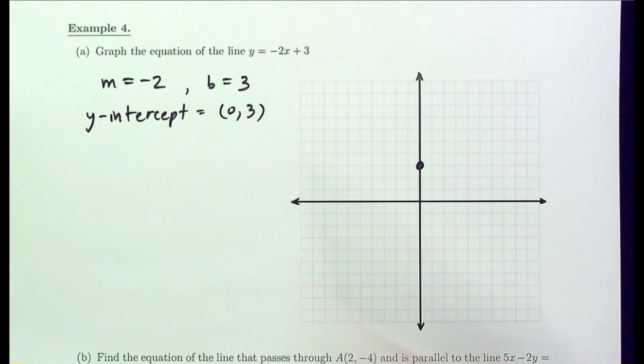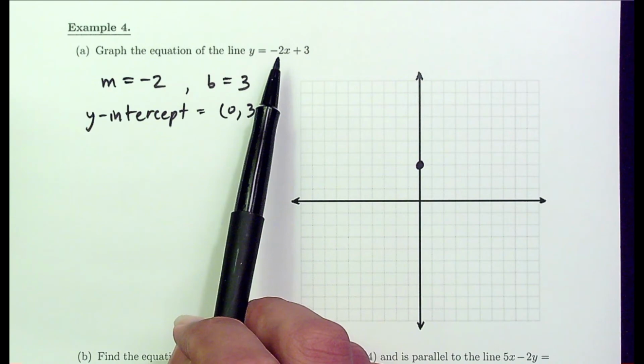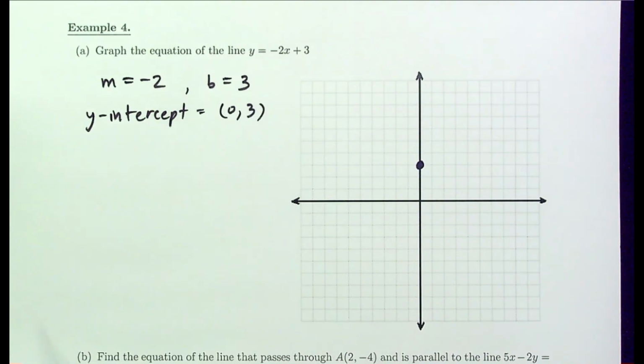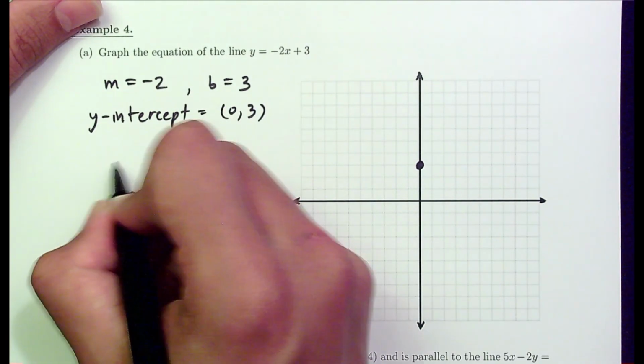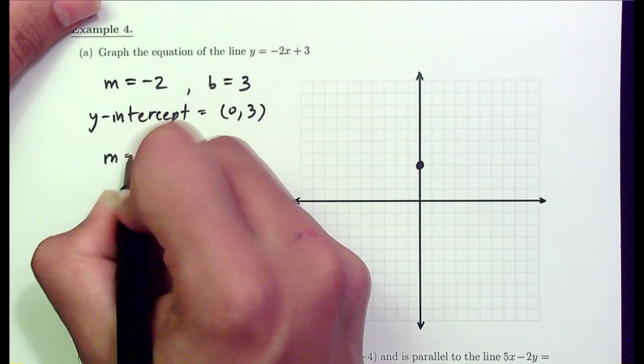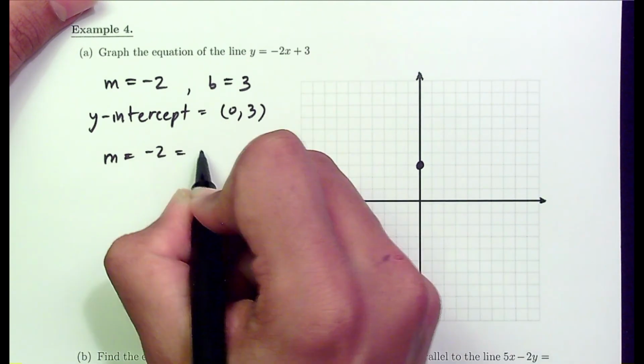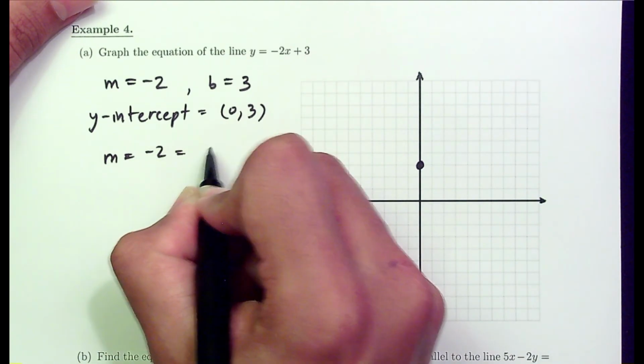And then we don't know how it goes up or down. You have to look at that to know that it actually goes down. The slope is negative 2. Now, here's how you find another point. For graphing a line, you need 2 points. You're going to interpret the slope as a ratio, rise over run.